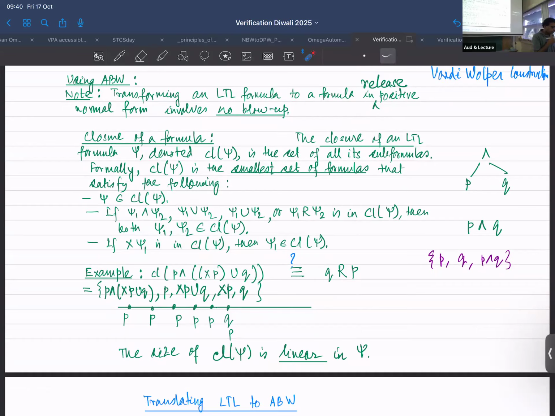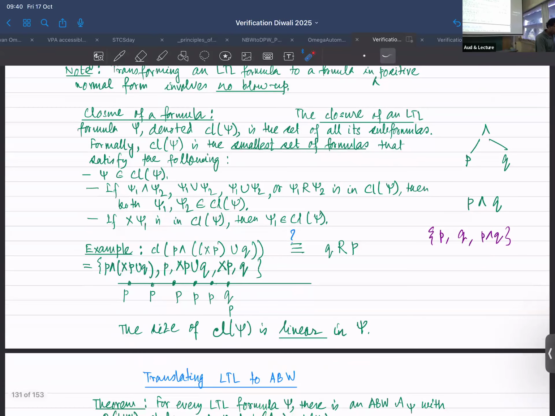And then we saw that the psi formula itself is in the closure. If there is a conjunction, psi1 and psi2, similarly for disjunction and until and release, then both psi1 and psi2 are in the closure.